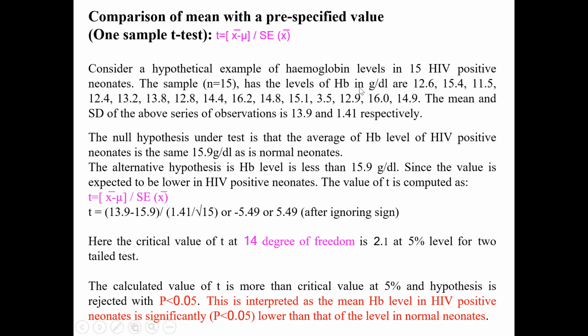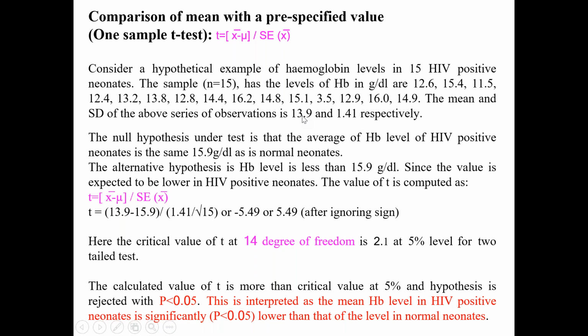So let us take this example. The hemoglobin levels of 15 HIV positive neonates. The sample size here is 15. The levels of hemoglobin in grams are given, and the mean of the series is 13.9 and the standard deviation is 1.4.